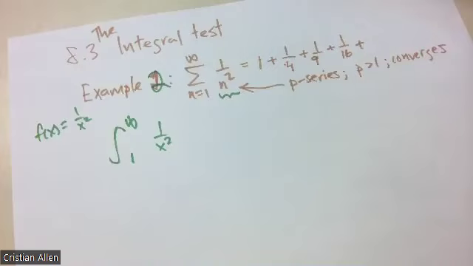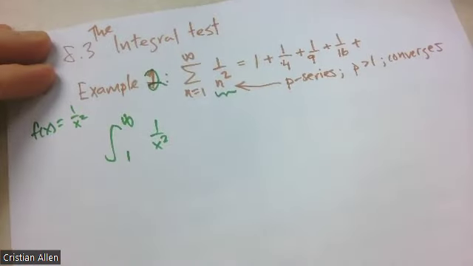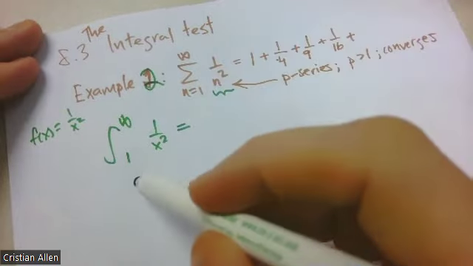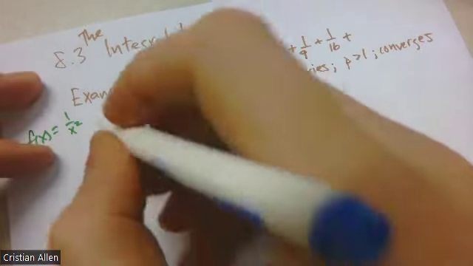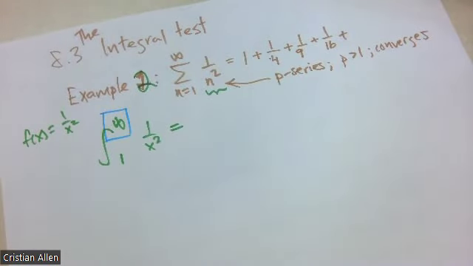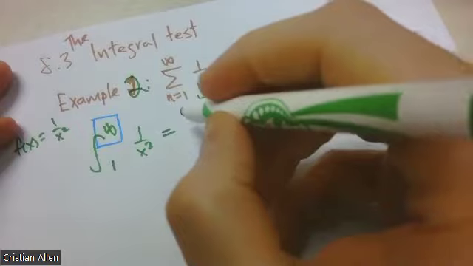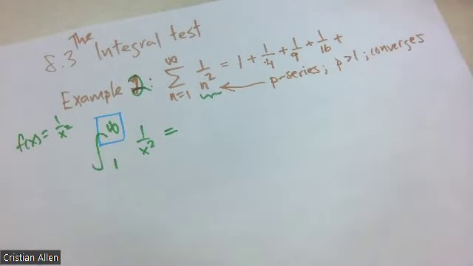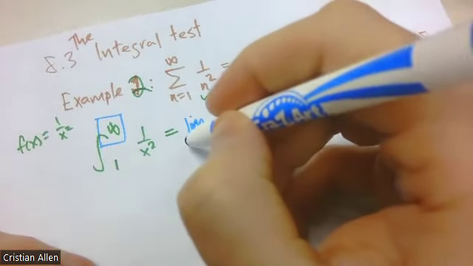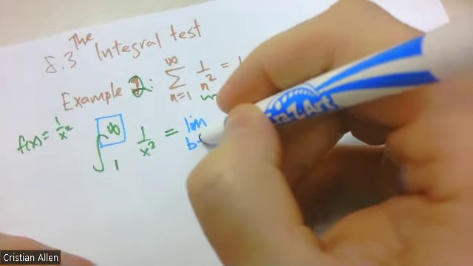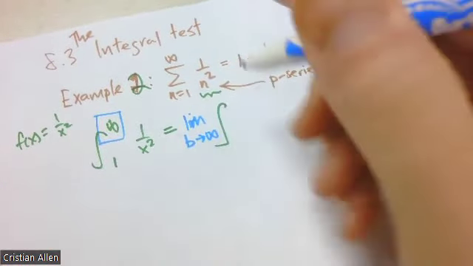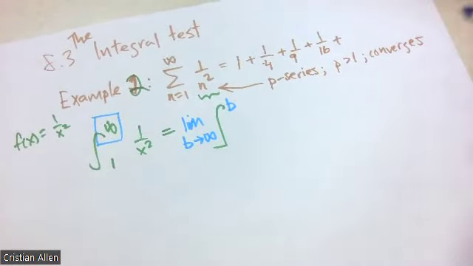The reason I'm making a video on this is because it has a couple ideas that we really haven't seen yet. First of all, the idea that we haven't seen yet is an infinity in the bounds. The way we work around this is that we say, hey, we're going to change this to a limit as b goes to infinity, like that.